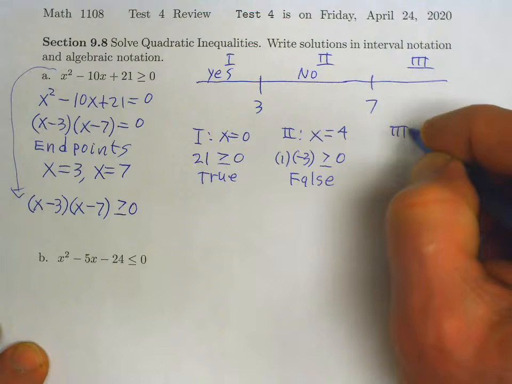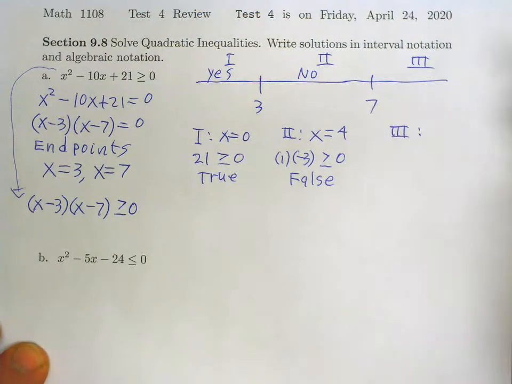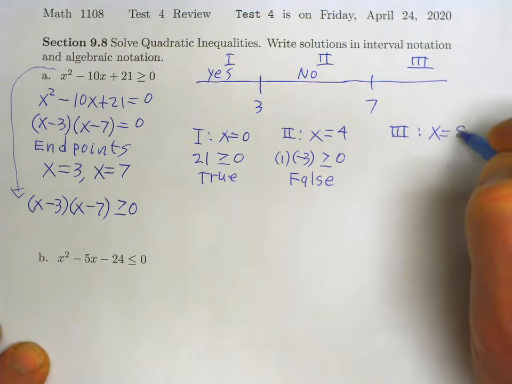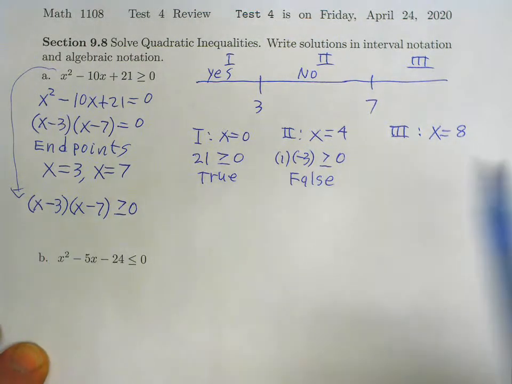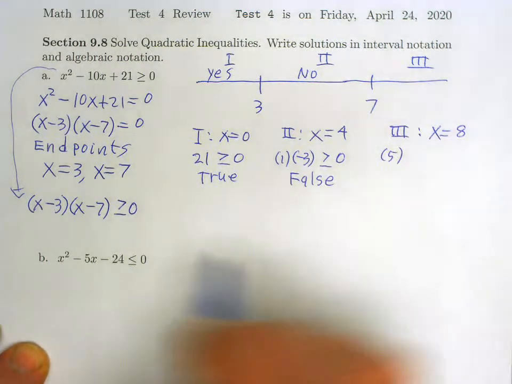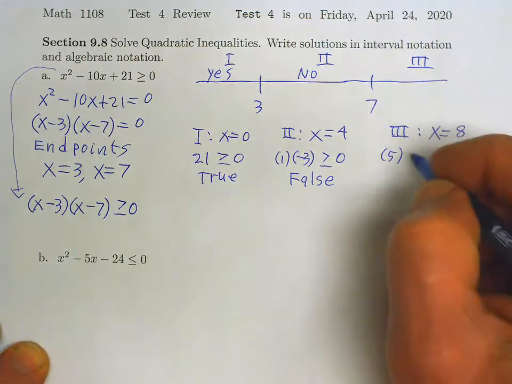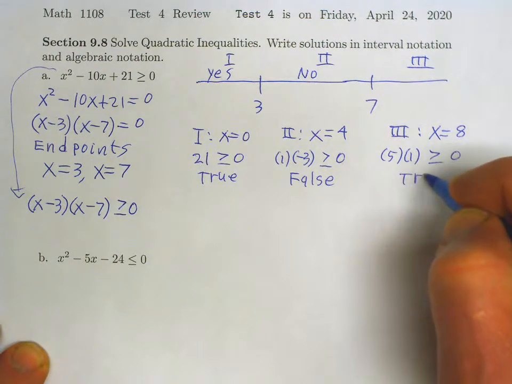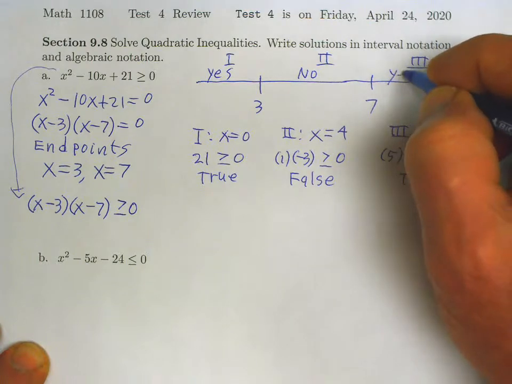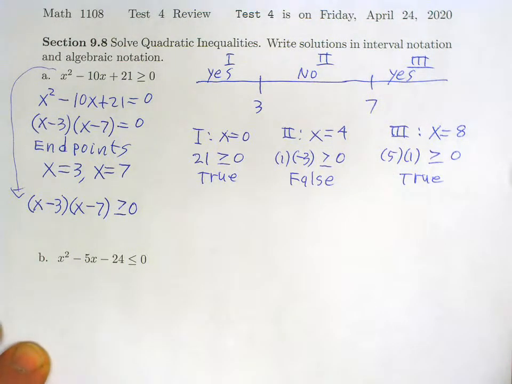And then in the third interval, we can pick any number we want greater than 7, so I'll pick 8. And then I'll use the factored form again. 8 minus 3 is 5. The other factor, 8 minus 7, is 1. 5 times 1 greater than or equal to 0 is true. So all the numbers from 7 to infinity are solutions.